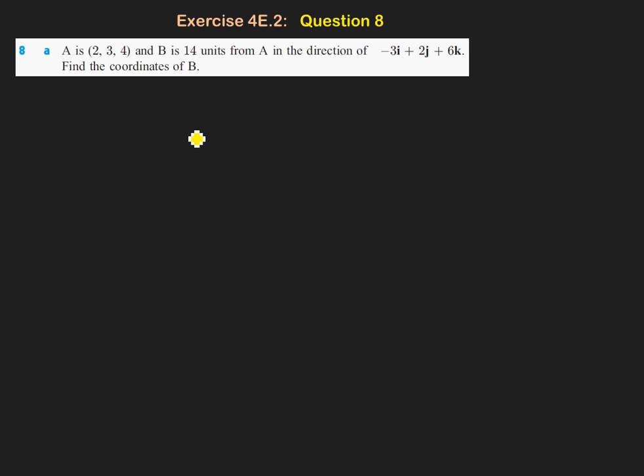So what we do first is we find this. We can start by letting u be this one. This is the direction of the vector that we're talking about. And so we can then find its magnitude. I'll skip ahead and give you the square root of 49, which is 7.